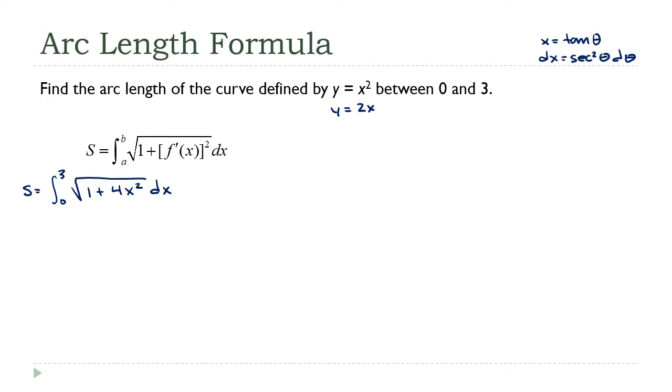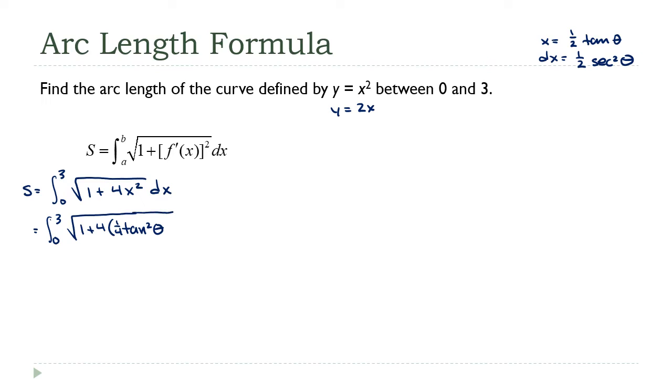Excuse me, not tangent theta. This is going to be 1/2. I've got to account for that 4. So this is going to be x equals 1/2 tangent theta, and dx will be 1/2 secant squared theta d theta. All right, so let's make those substitutions. Then this becomes the integral from 0 to 3 of the square root of 1 plus 4 times 1/4 tangent squared theta.